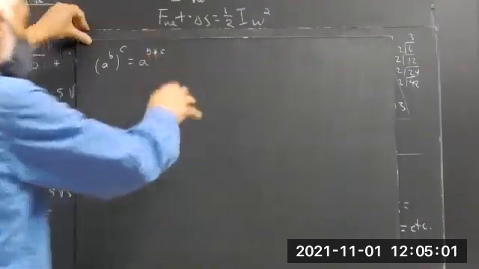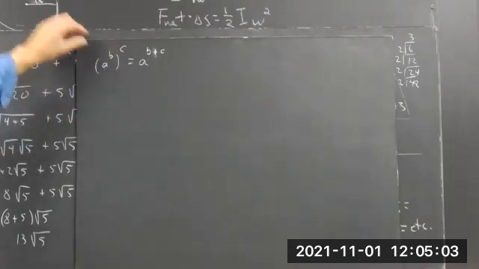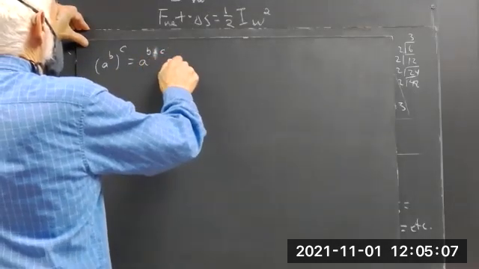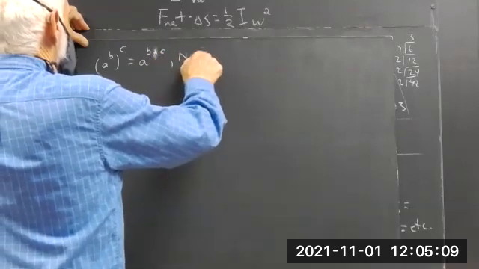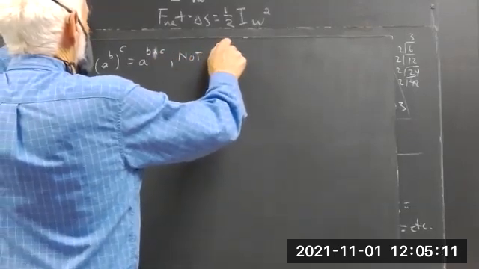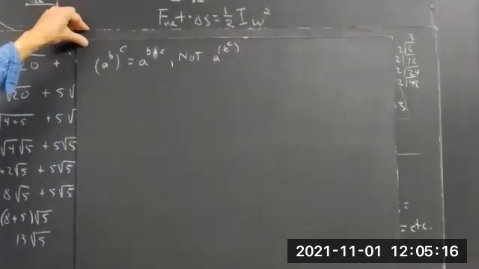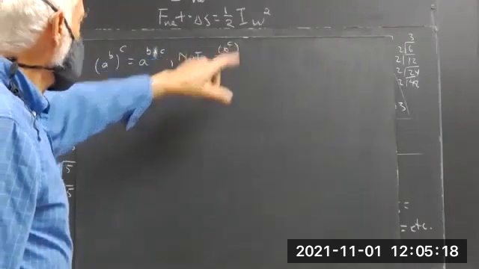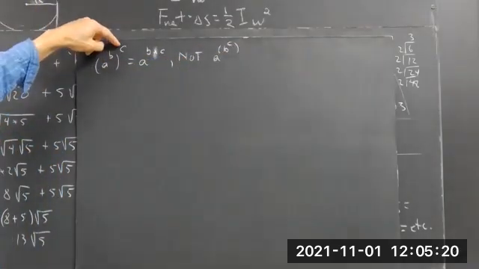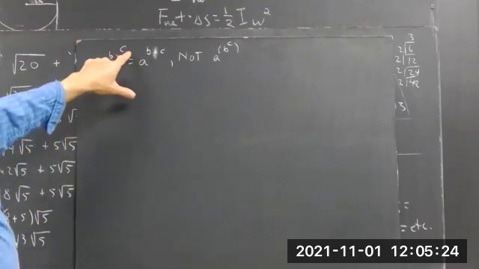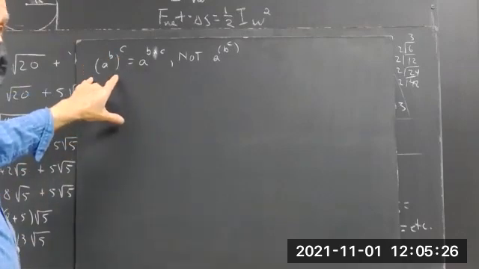I was writing down what I'm going to write down, which is what it isn't. It's not a to the b raised to the c. B isn't raised to the c power. All this means is you've got c, a to the b is multiplied together, right?